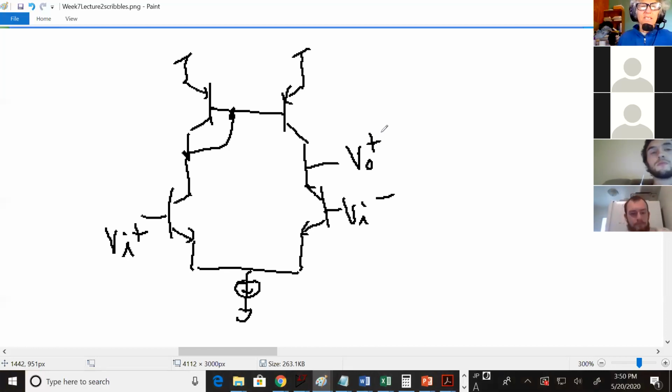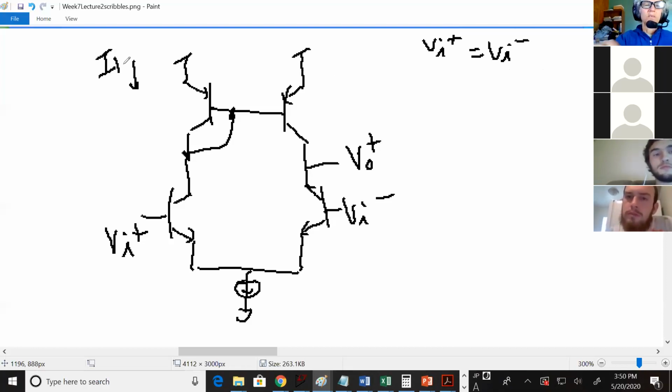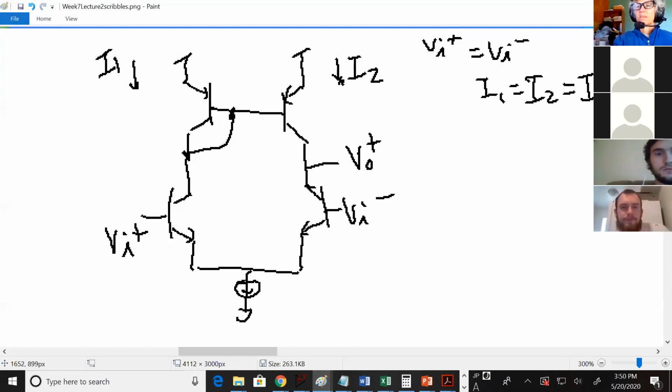Right. So let's start off with VI plus equals VI minus, which means, let's call these I1 and I2, that I1 equals I2, which equals ISS.